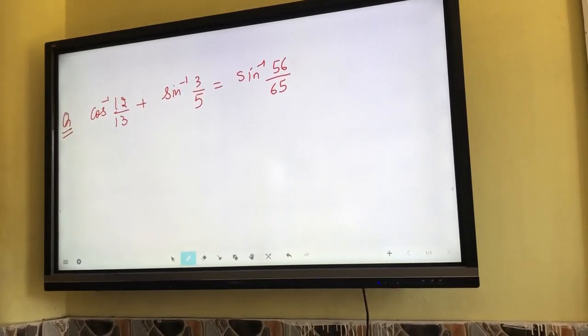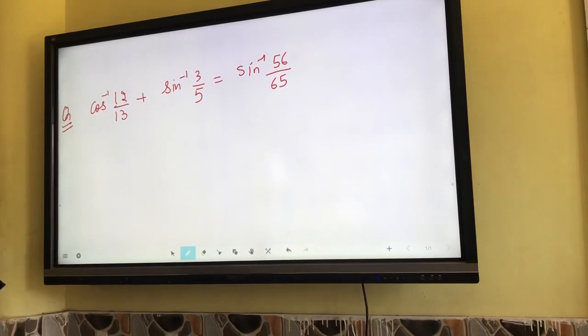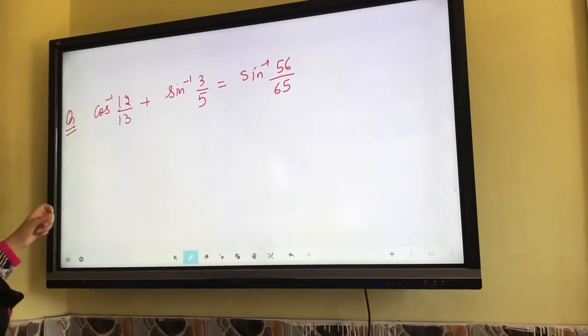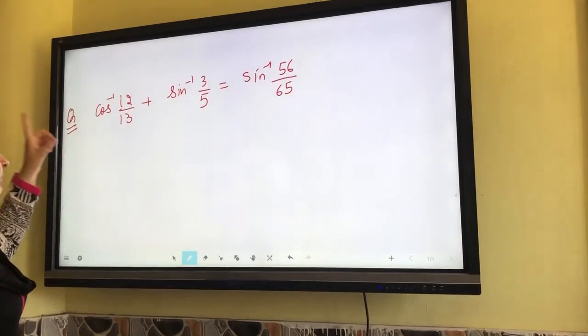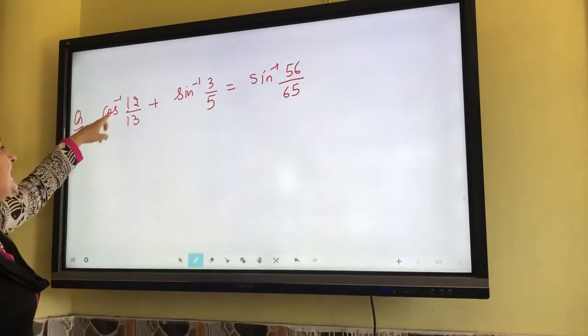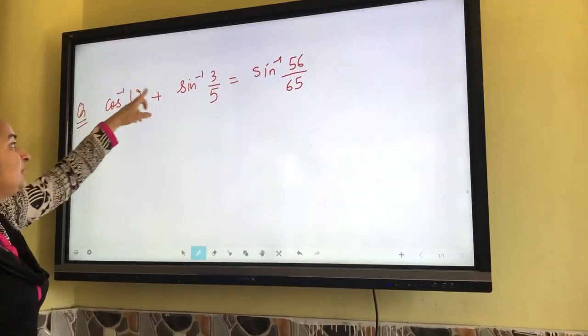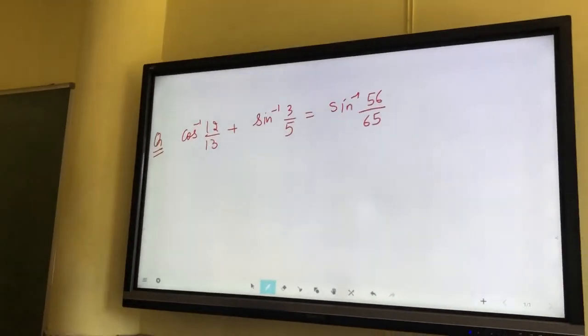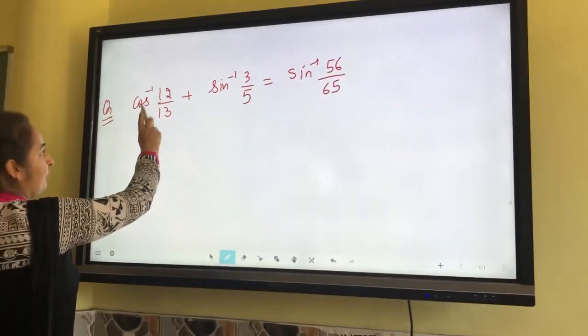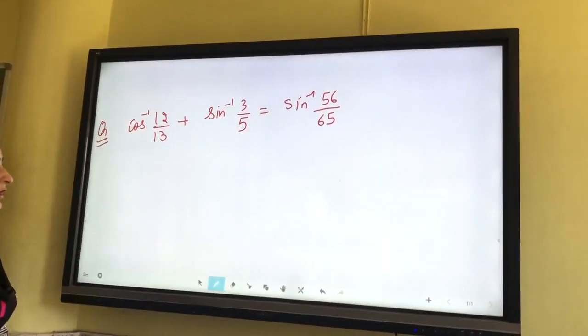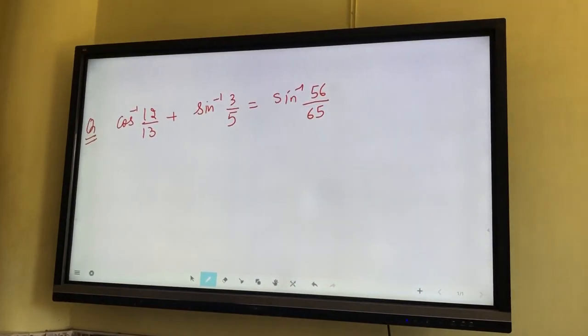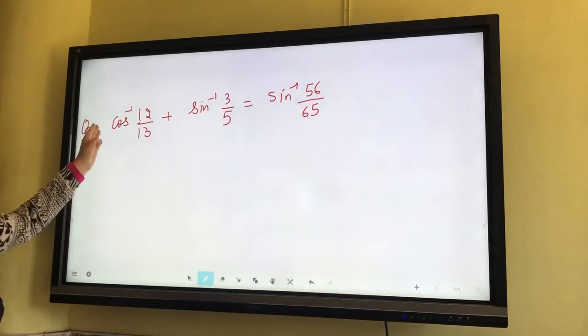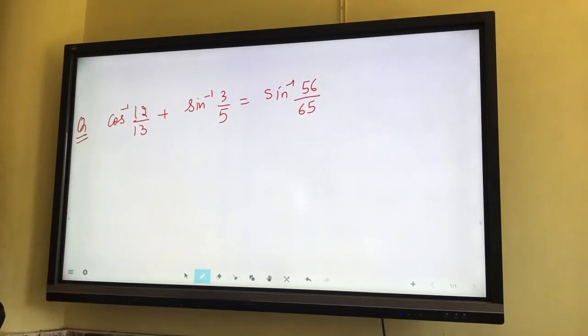If you check the formula, we had done it some minutes before, the relation is between sine and sine, cos and cos, tan and tan. If in the question there are different types of trigonometry, the first step is that we will convert the trigonometries into the same type.